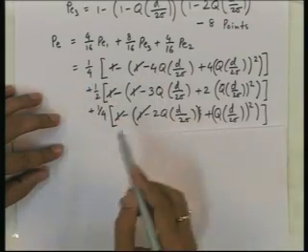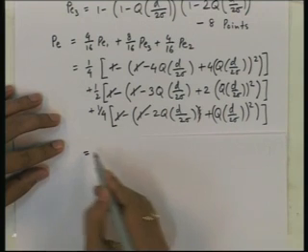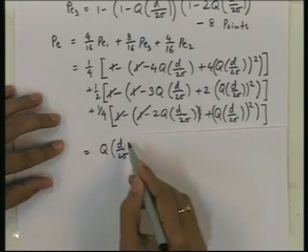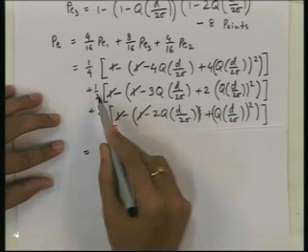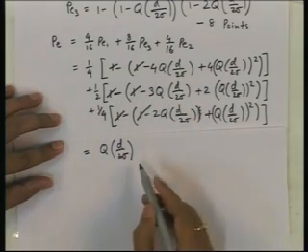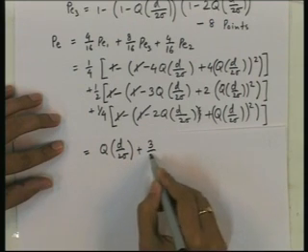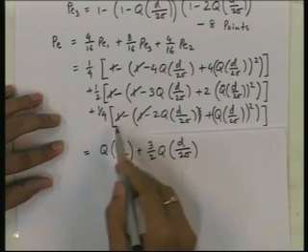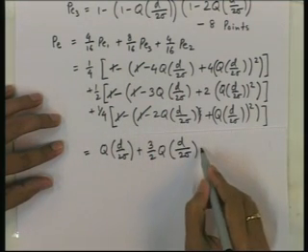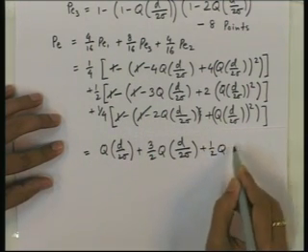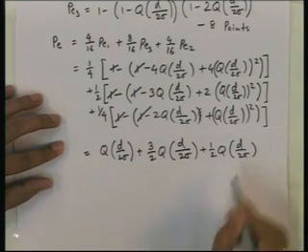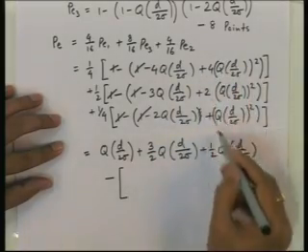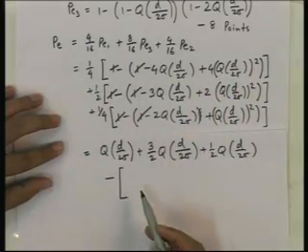So, 1/4 times 4, so this is Q(d by 2 sigma) plus half times 3. So, that is 3 by 2 Q(d by 2 sigma). Then 1/4 times 2, that is half Q(d by 2 sigma), and minus all these terms multiplied by the corresponding factors.